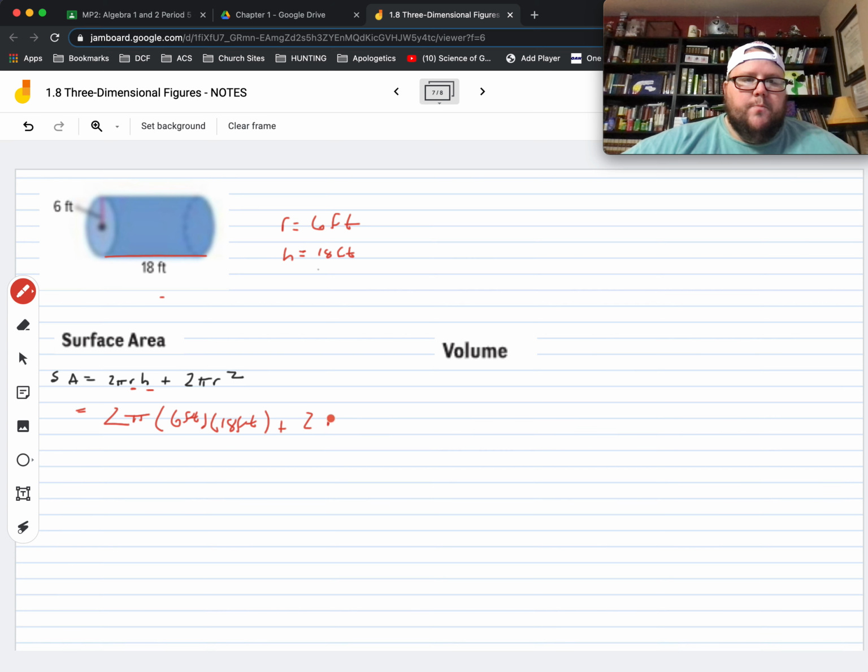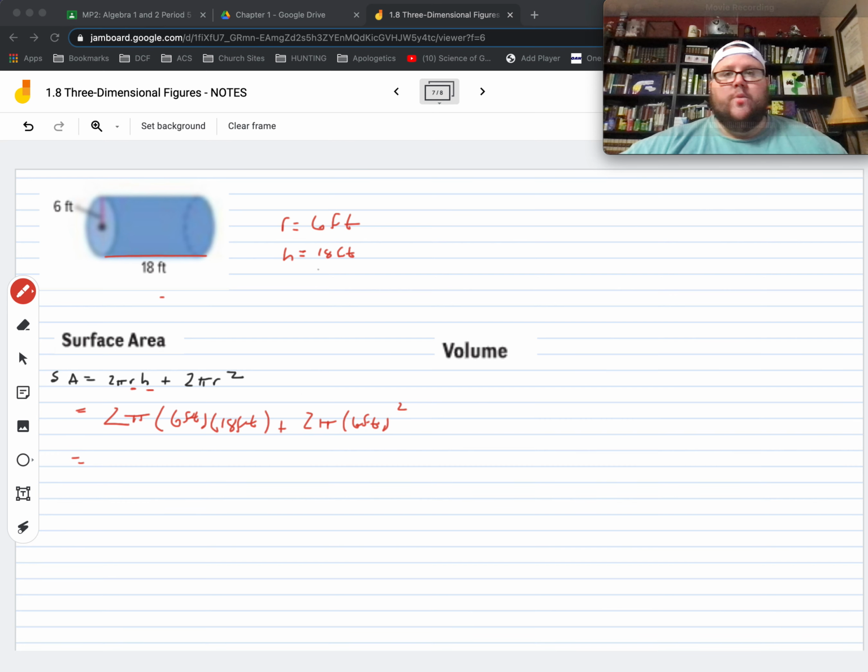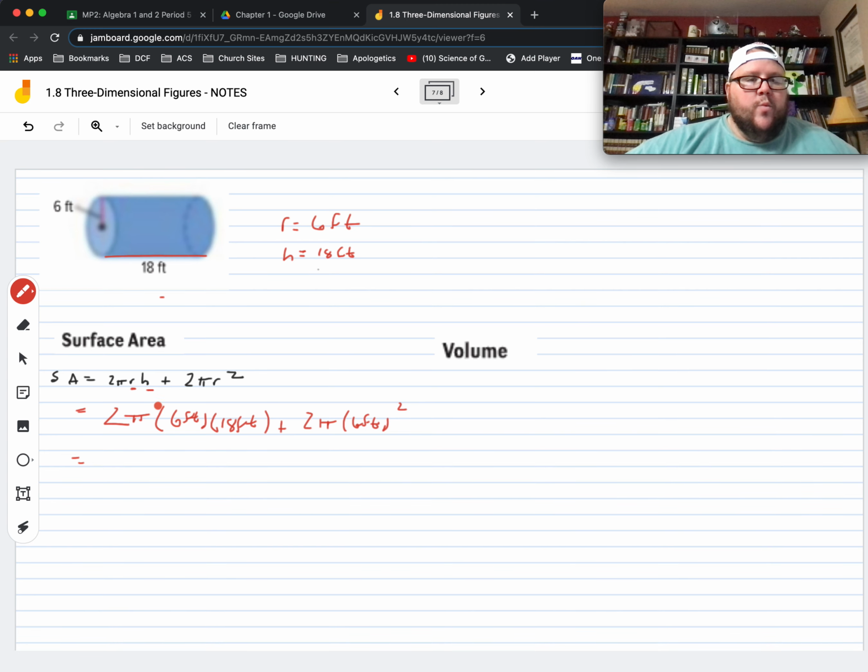plus 2 pi times R again. Ooh, that's a nasty looking pi. Pi times R, which is 6 feet again, squared. And then we're just going to simplify now.